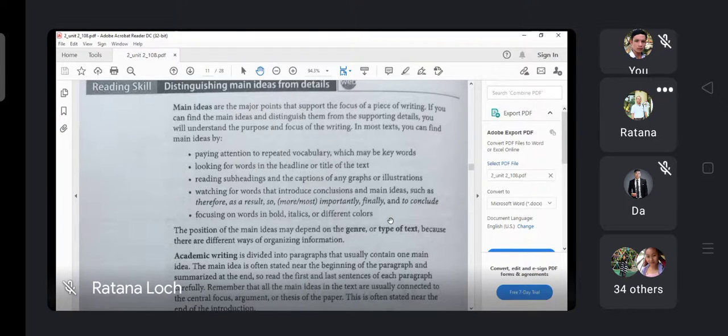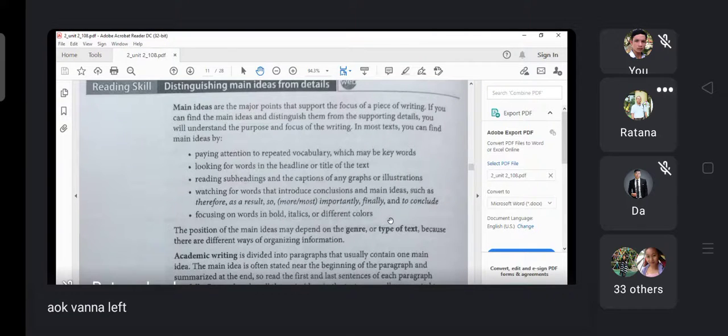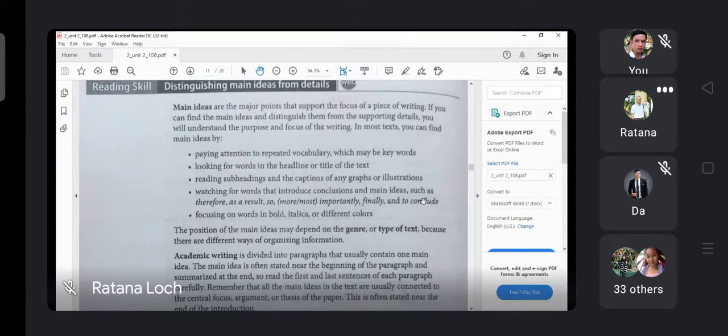Number three, reading subheadings and the captions of any graphs, paragraphs, or illustrations. For example, they have many paragraphs, and each paragraph might have its main idea to support the big idea, the big topic.